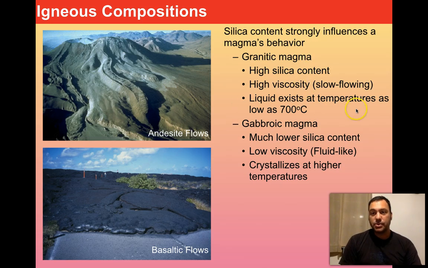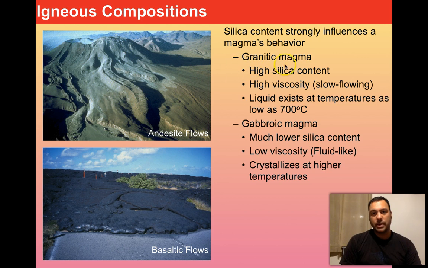Liquid exists at temperatures as low as 700 degrees Celsius. So remember, we were saying about 650 is when you start to get melting, but you really get definitive liquid at 700 degrees Celsius. And quite frankly, 700 degrees Celsius is not that difficult for the Earth to produce. It's actually fairly easy.